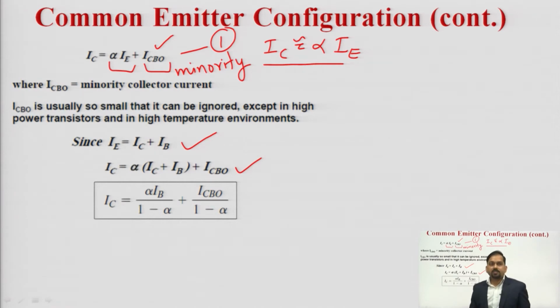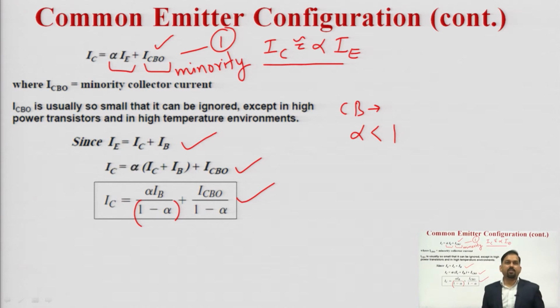Now, if we separate these variables and take IC common, we find the relationship IC equals alpha times IB divided by 1 minus alpha, plus ICBO divided by 1 minus alpha, where alpha is nearly equal to 1. We have seen in the common base configuration alpha was the current gain and was less than 1. The ideal value is 1, but it will be around 0.99 something.